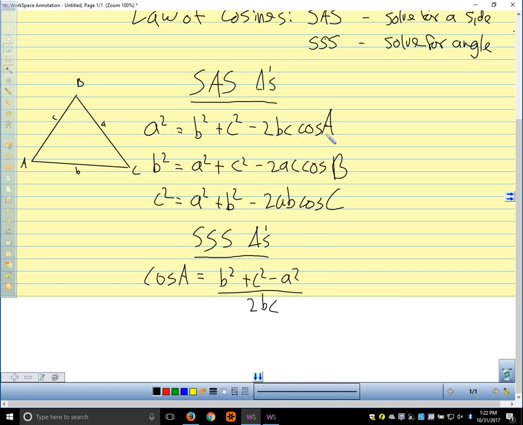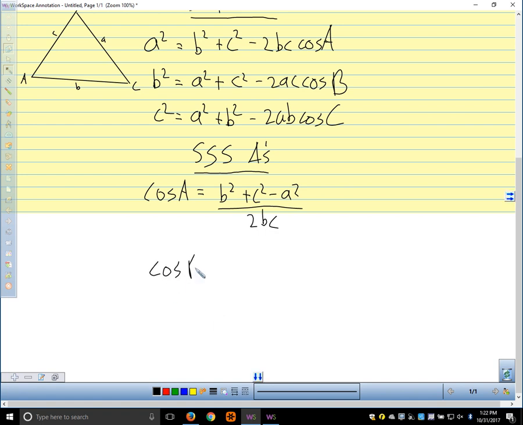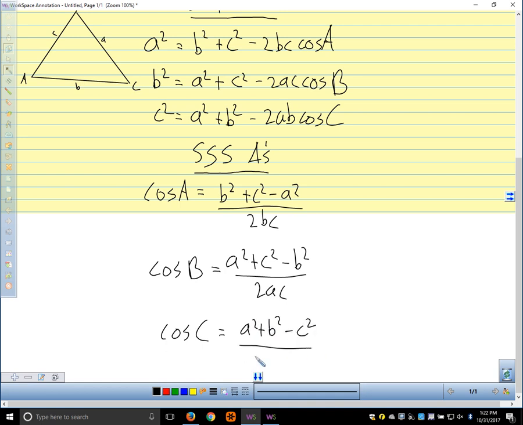I'm just solving this equation for cosine A, getting cosine A by itself. Second equation, cosine B equals a squared plus c squared minus b squared over 2ac. And from the third equation, cosine C is a squared plus b squared minus c squared over 2ab. Each of these comes from one of those. So what I recommend, remember one of these, relabel your triangle appropriately, and then just remember you can rearrange that to get your cosine.